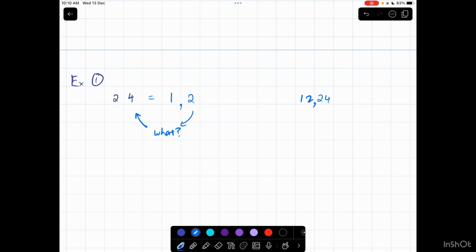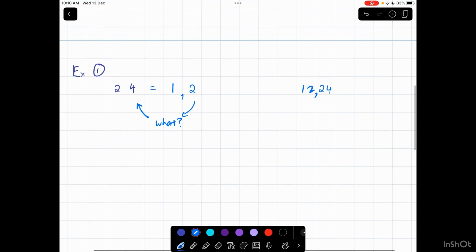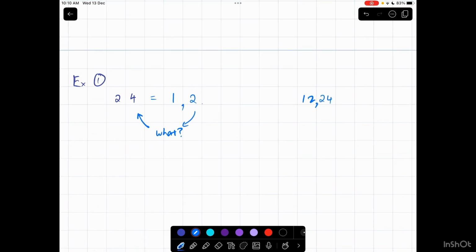Do you see the pattern? Then after 1, 2, next we have 3. Since 24 is divisible by 3, let's see, 3 times what gives me 24? 3 times 8 gives us 24. That 8 becomes the third last factor of this list.